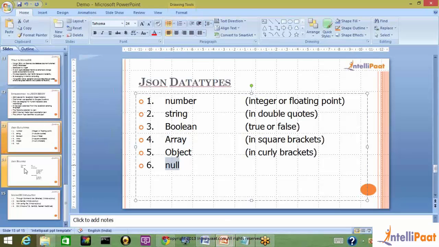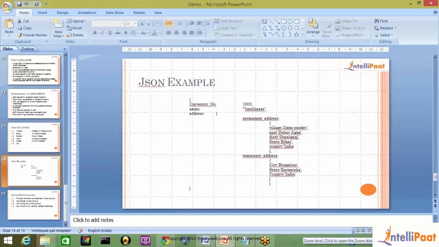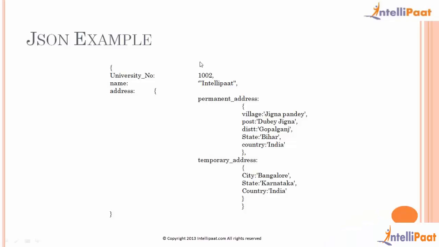Let me show you an example here. This is the smallest example which I have given. Your JSON object will start with curly braces and end with curly braces. Here I have given university number 1002, which is a number or integer data type.